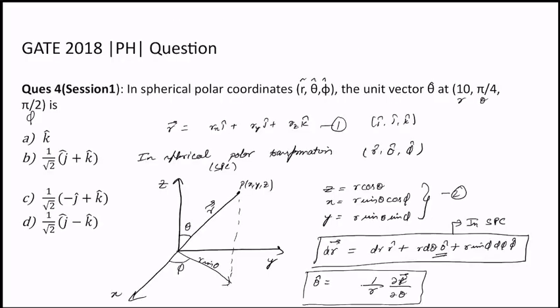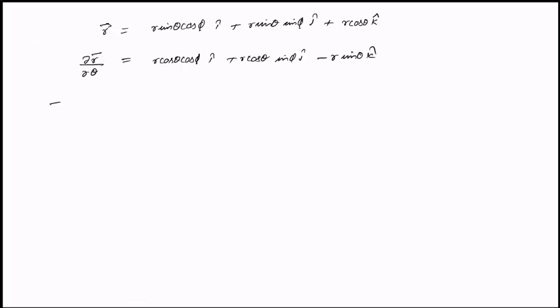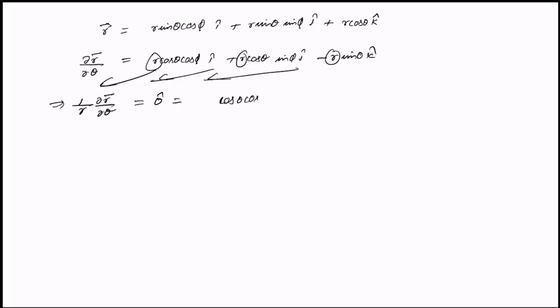Now 1 by r times del r by del theta is what? This is your theta cap, which is what you want to find. You just take out r, and what you'll get is cos theta cos phi i cap plus cos theta sin phi j cap minus sin theta k cap.